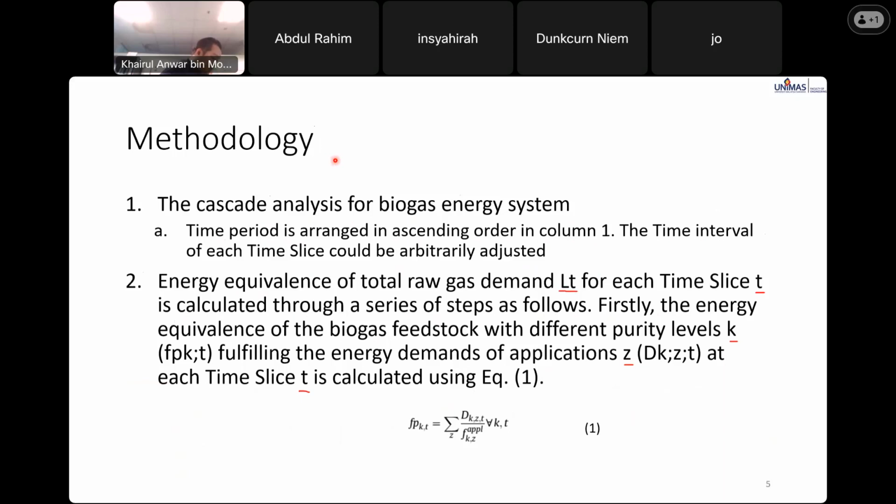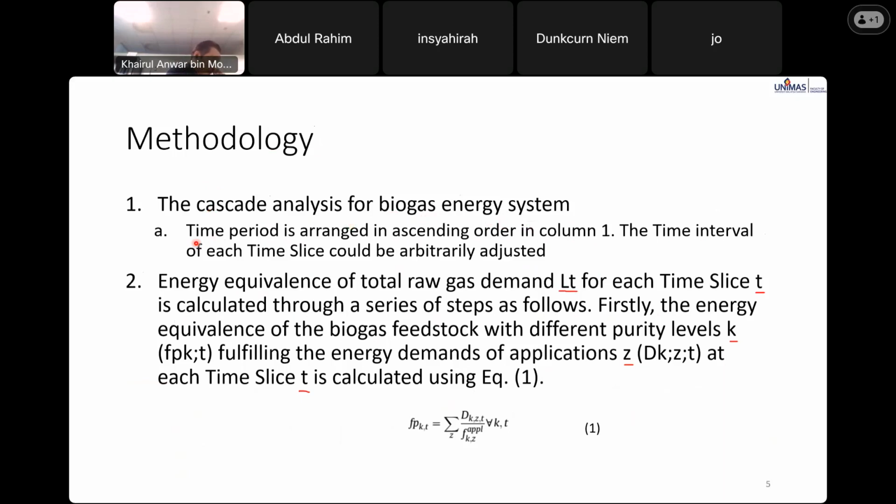There are 12 assumptions, and we have 8 steps for cascade analysis, the cascade analysis for biogas energy system.